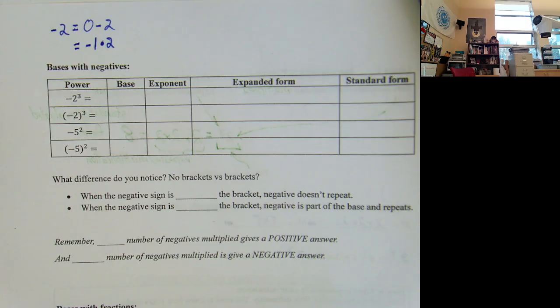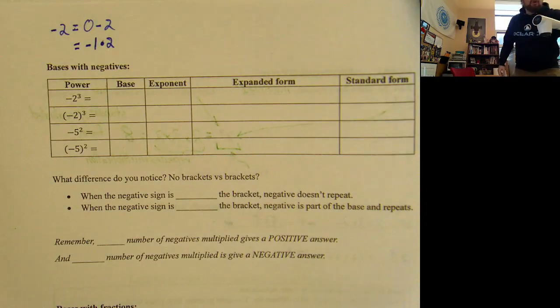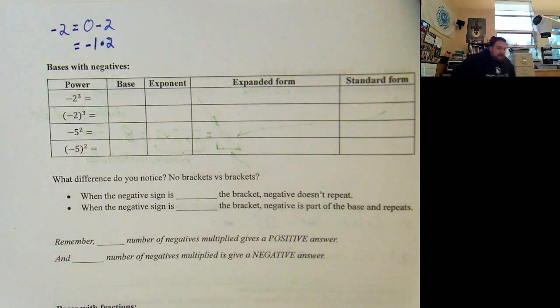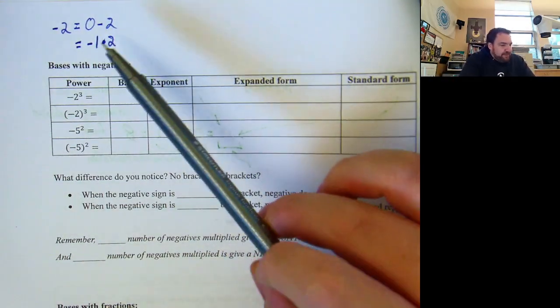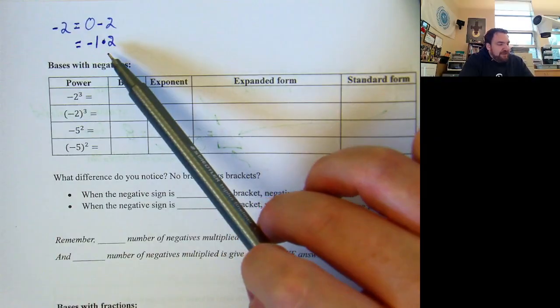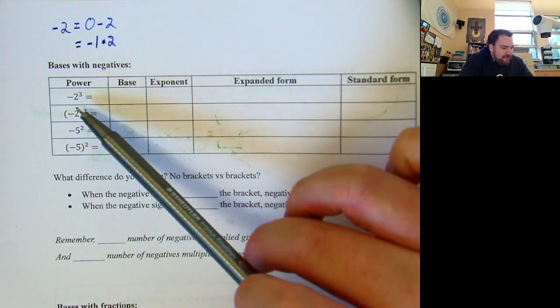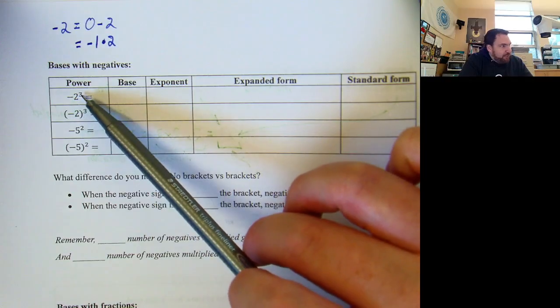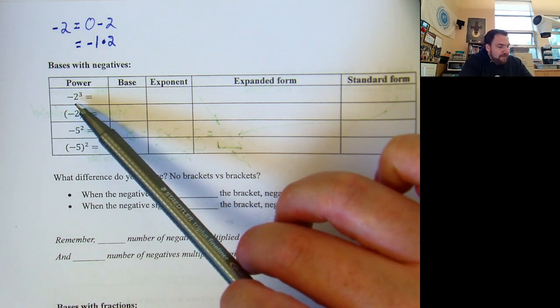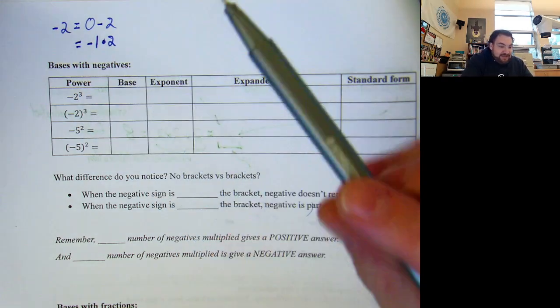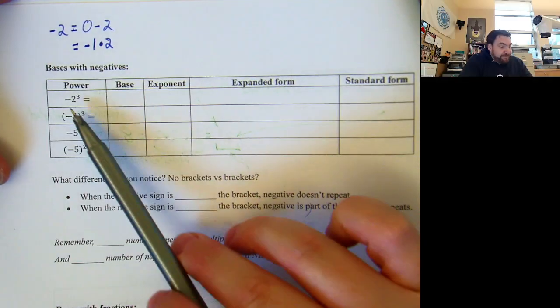Okay, so the way I want you to think about negatives is to think about them as multiplication statements, and then what happens here is going to make more sense. Negative 2, you can write it as 0 minus 2. You could also write it as negative 1 times 2. So if I have negative 2 to the 3 here, the way this is written is 2 to the power of 3, and the minus is not affected by the power.